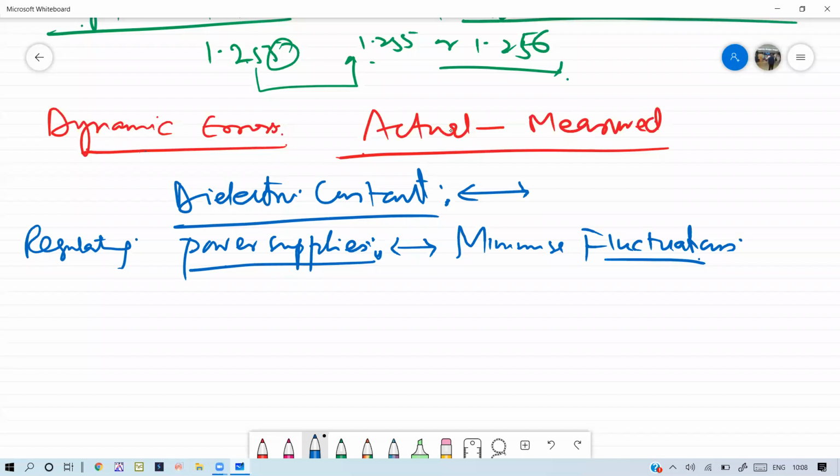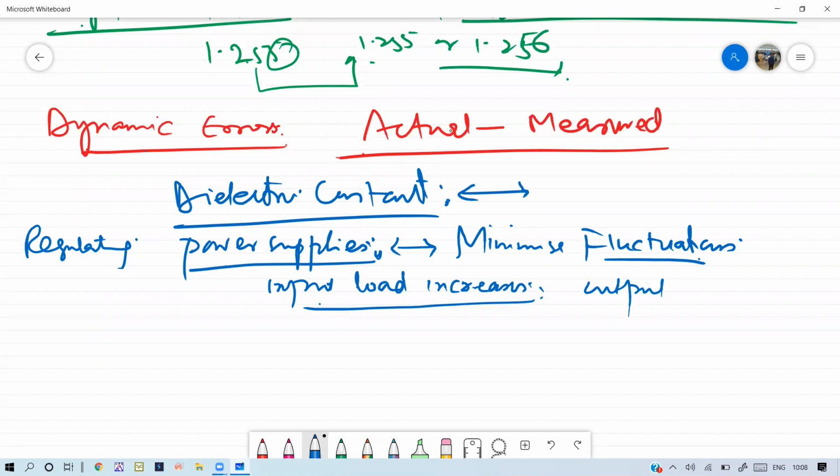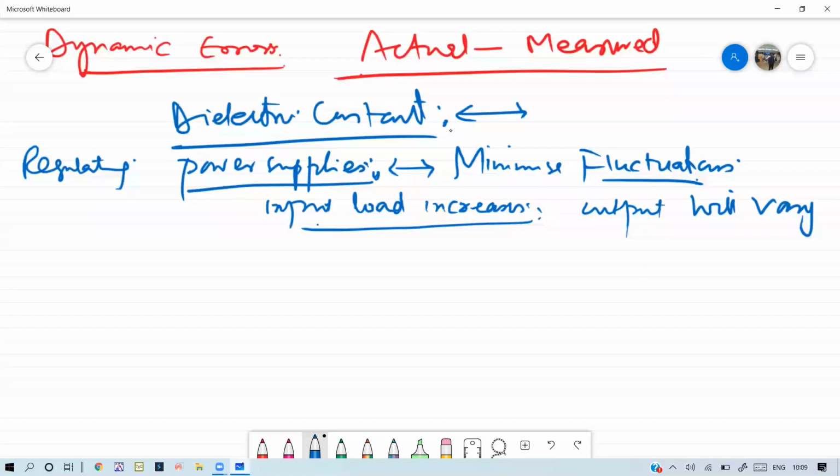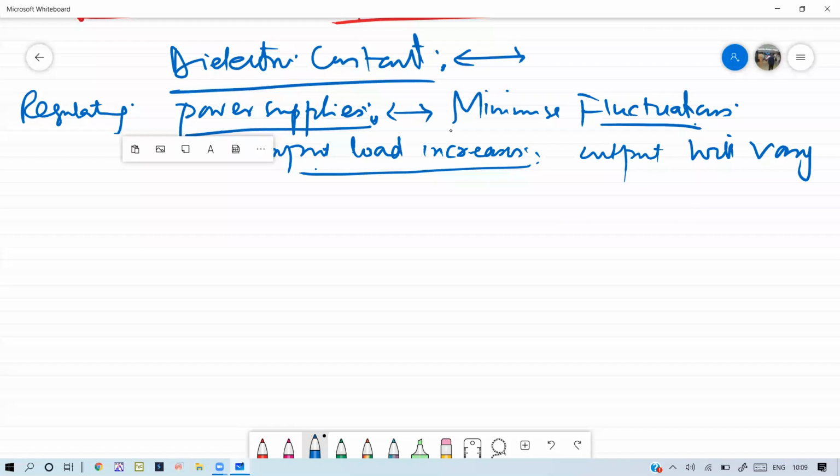Why? Because if the input load increases, your output will vary, and you will not be able to see what the exact situation should be. So you're not sure about that. That is why it is called dynamic, because it depends upon the load of the system at a particular instant of time.